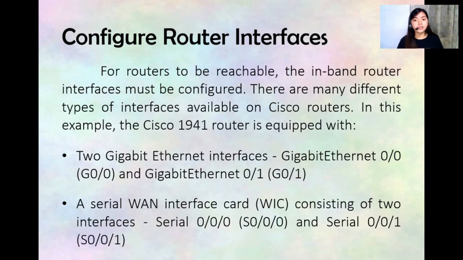Configure router interfaces. For routers to be reachable, the in-band router interfaces must be configured. There are many different types of interfaces available on Cisco routers. In this example, the Cisco 1941 router is equipped with two Gigabit Ethernet interfaces, Gigabit Ethernet 0/0 and Gigabit Ethernet 0/1.